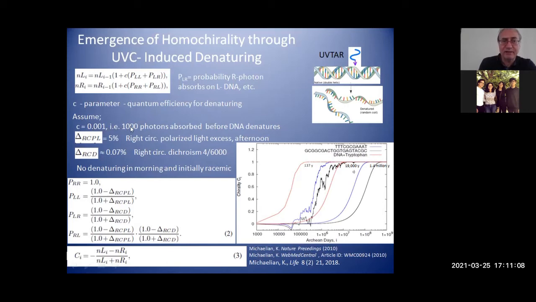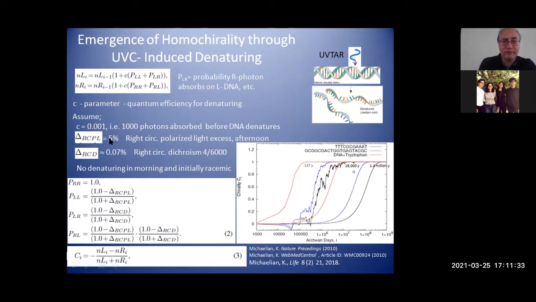That means it takes 1,000 photons to be absorbed on DNA before it denatures. That will, of course, depend on the length, and on how important this light-induced denaturing mechanism is. But this is a safe bet. This is being very conservative, saying that we only get denaturing if 1,000 photons are absorbed.